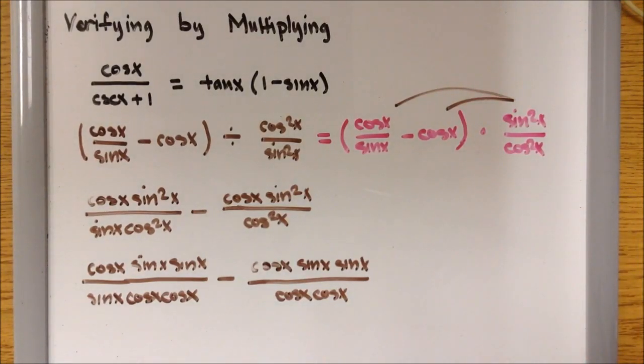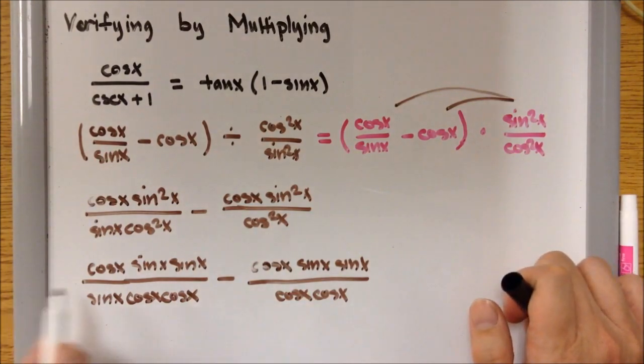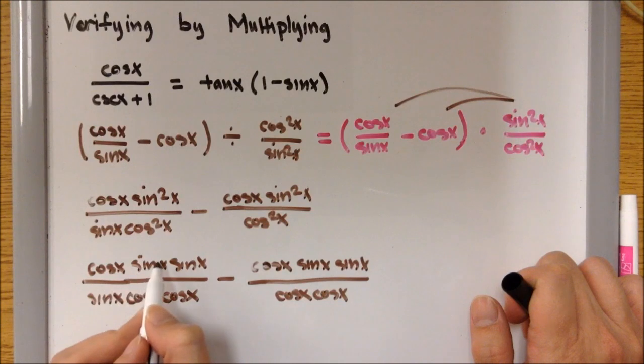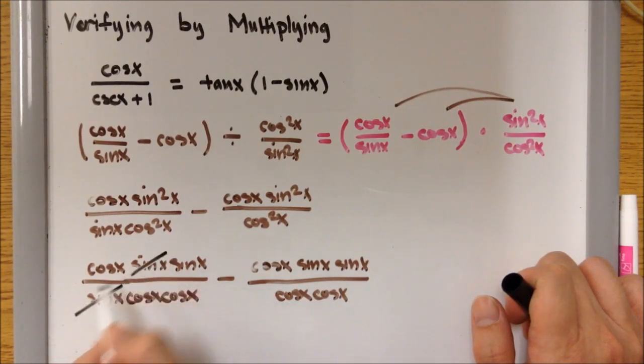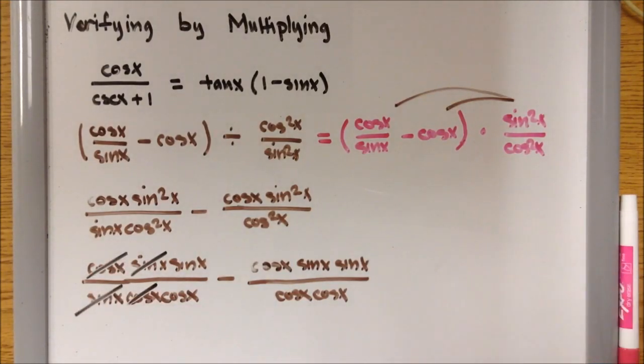Alright, so next I'm going to divide the common factor. So I see that there's a sine x on the top and bottom, so 1 from both sides. I see there's a cosine x on the top and bottom, so 1 from both sides.